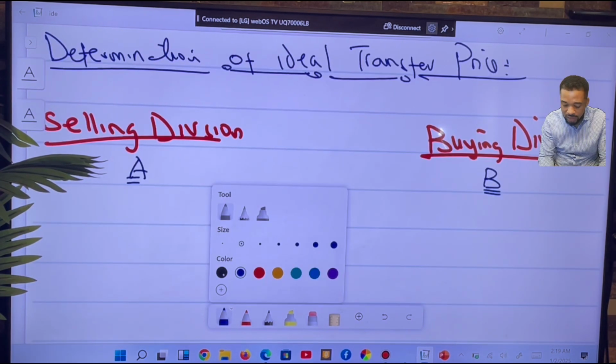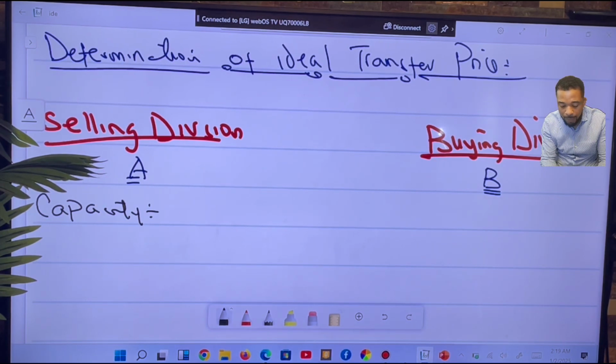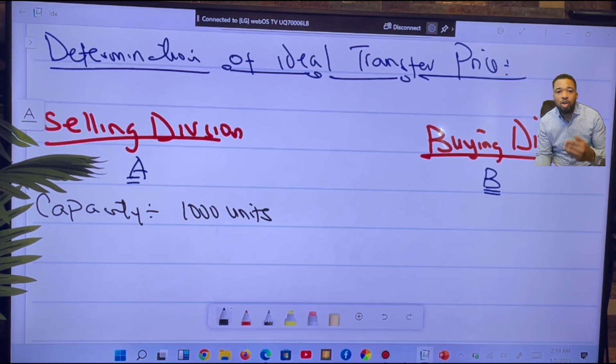Let's look at this scenario, starting with capacity. Let's say the capacity of division A is 1,000 units. Capacity here simply means the quantity that the selling division, division A, can actually produce and sell.